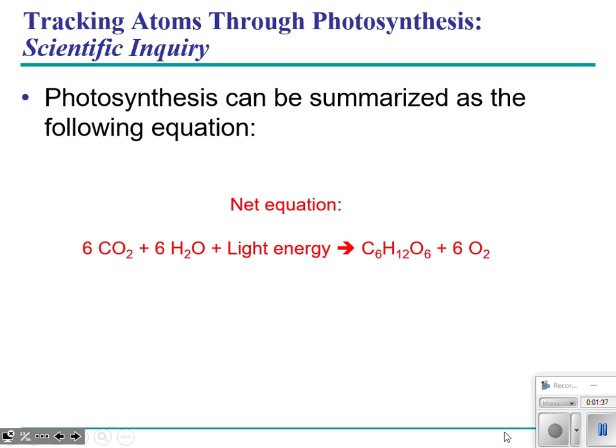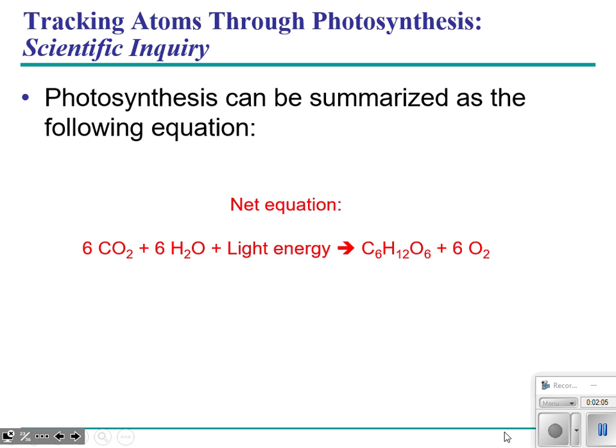So I want you to look at the arrow right there on the net equation. Everything to the left of the arrow are reactants. Those are the things that are needed for photosynthesis to occur. So the reactants for photosynthesis are carbon dioxide, water, and light.